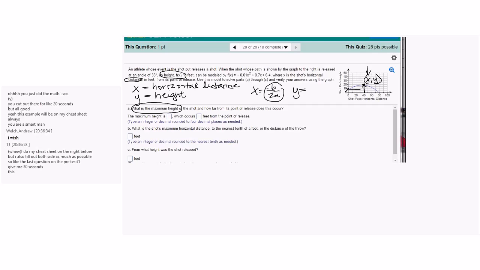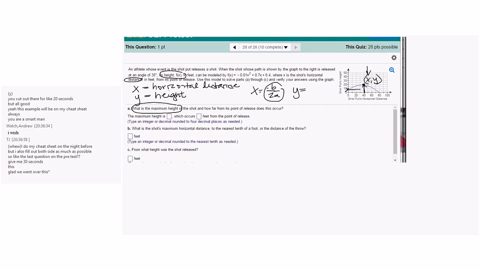So when you think about the vertex, you have to think that the maximum and the minimum are your vertex, and then you have to think of what does x stand for and what does y stand for. And we already wrote down what they stand for here.